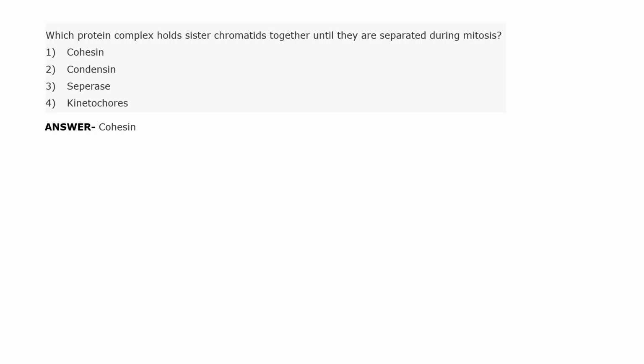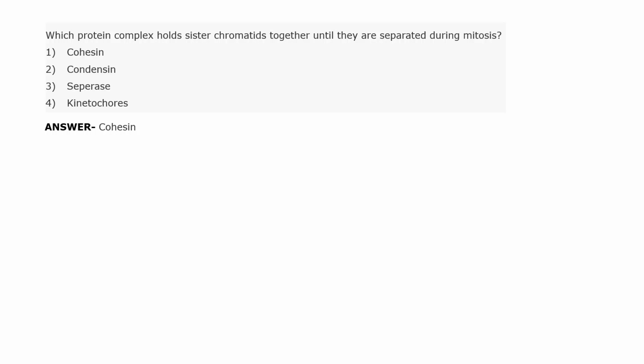When the cohesin is cleared out, the sister chromatids get separated, and the cell transitions from the metaphase to the anaphase stage, because the chromatids are free and can move to the poles, and then cytokinesis can happen. Kinetochores are structures bound to the centromeres, which help in attachment of the microtubule assembly so that spindle formation can happen.